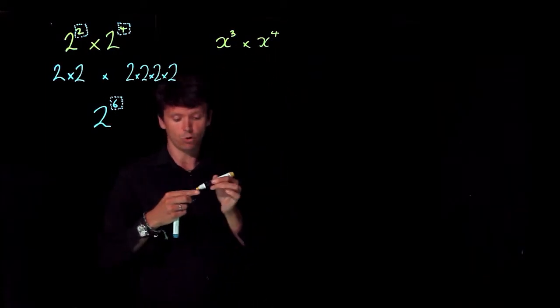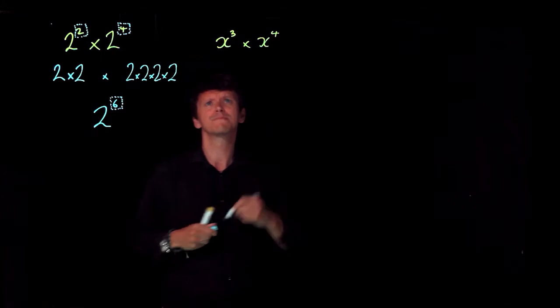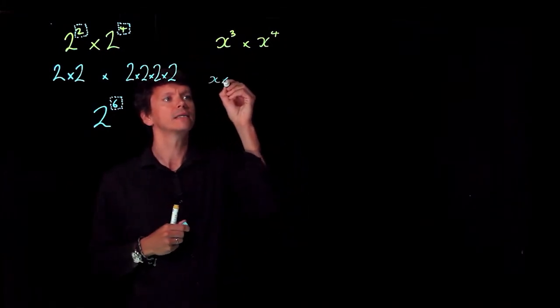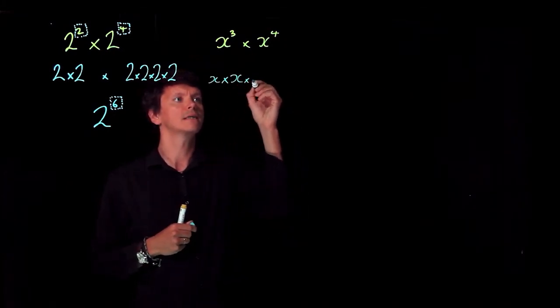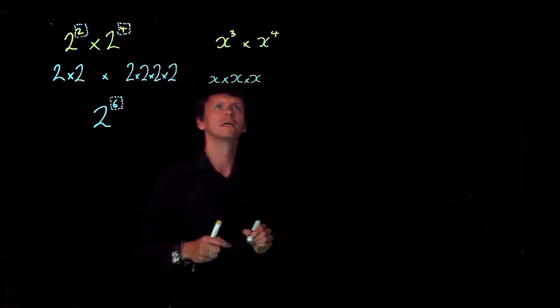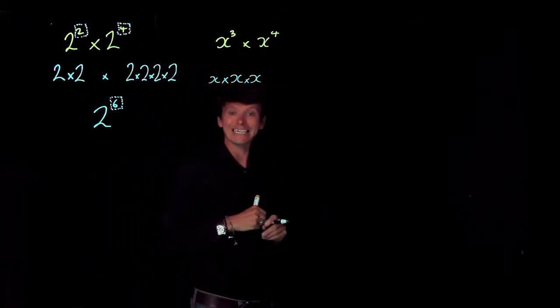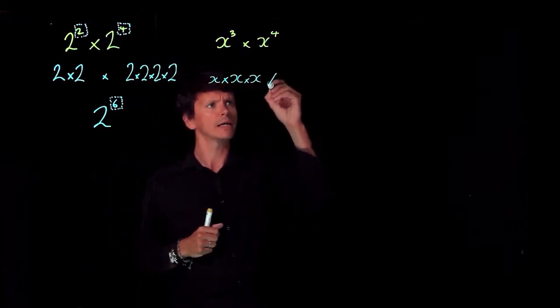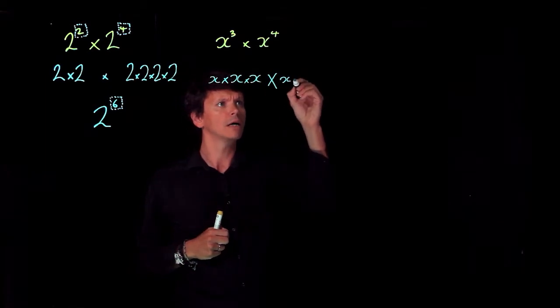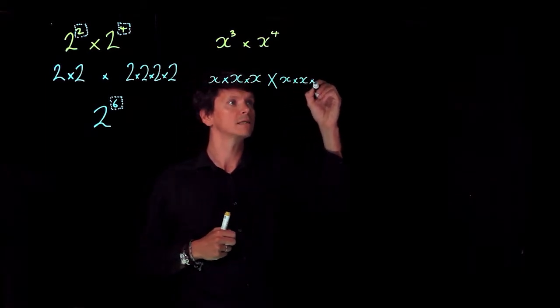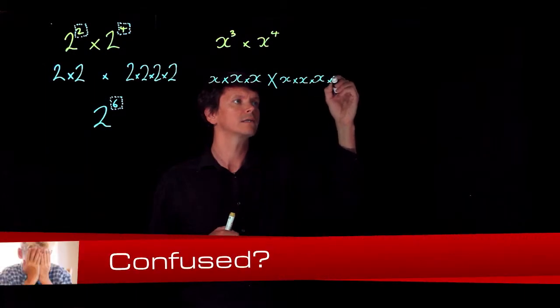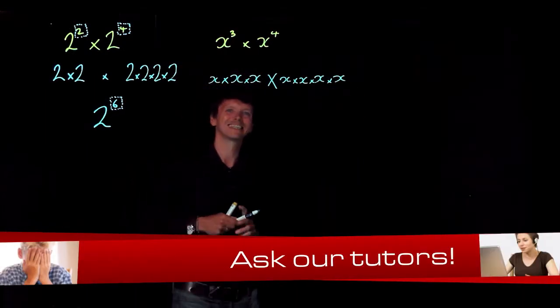So let's first deal with our x cubed. That is x times x times x. And we're going to multiply that by x to the power of 4, which is x times x times x times x.